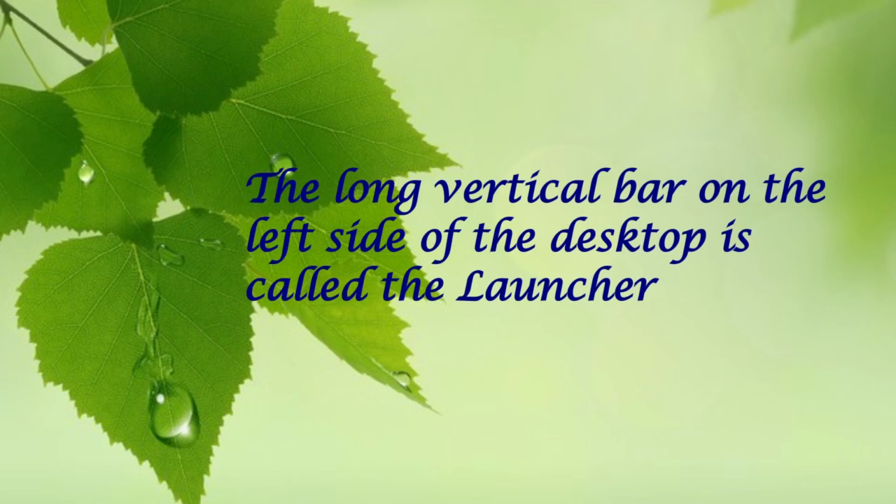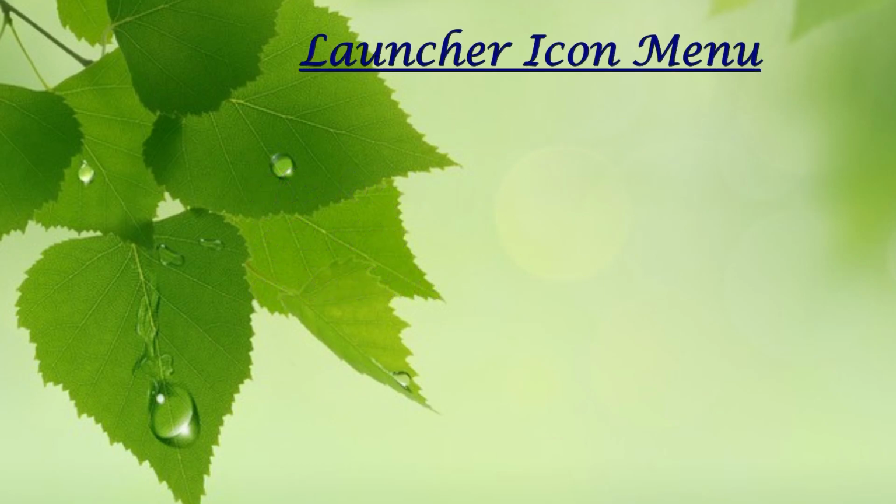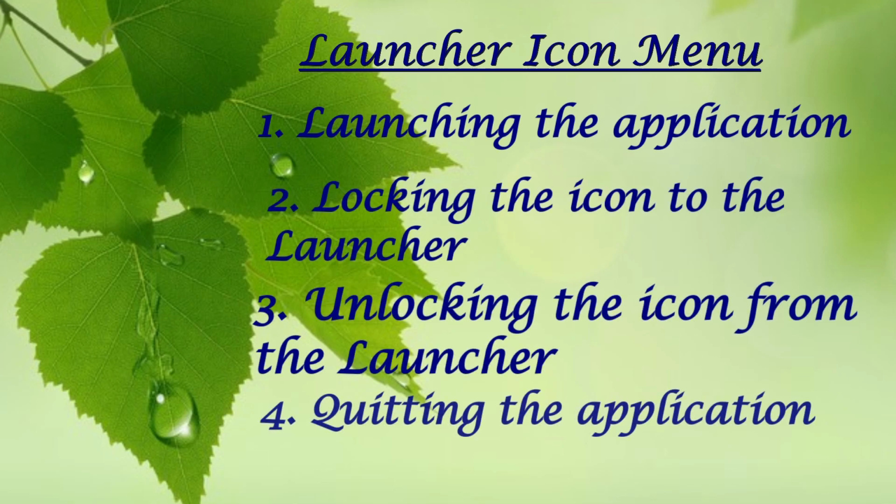Launcher is a vertical bar. It provides quick access to applications. If you make a right click on a launcher icon, you will get a launcher icon menu. By using this menu, we can do four actions: launching the application, locking the icon to the launcher, unlocking the icon from the launcher, quitting the application.